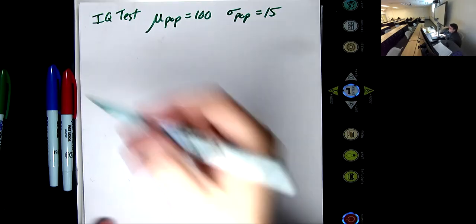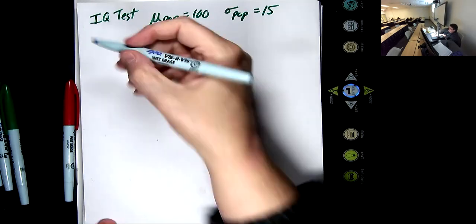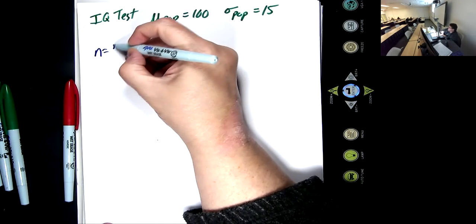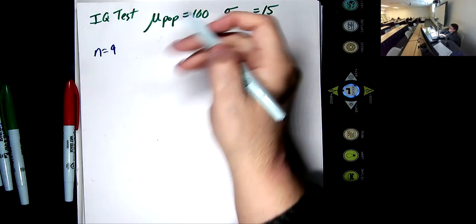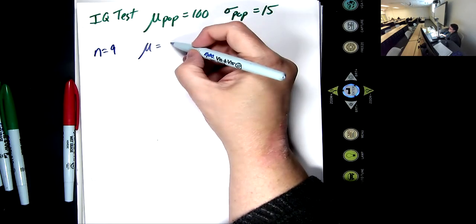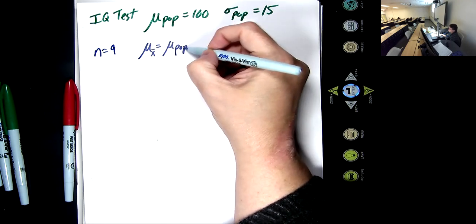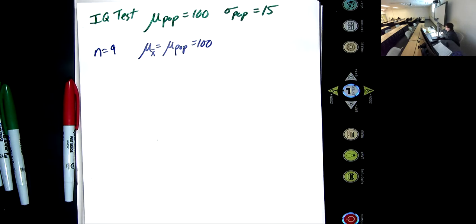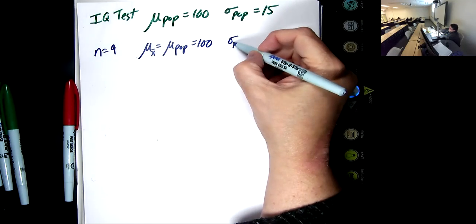Let's say I got n equals 9. So I do 9 sample groups. The mean of the sample groups should be the same as the population. It should have a smaller standard deviation though.